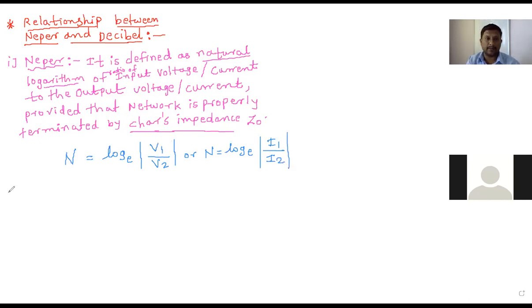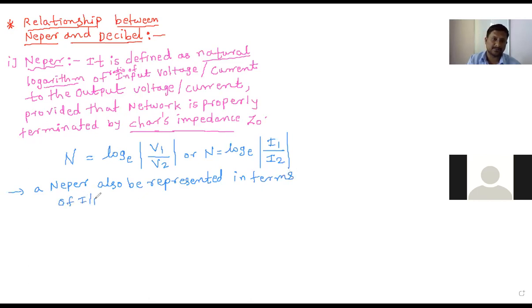Next point, a Neper can also be represented in terms of power, in terms of input power P1 and output power P2.